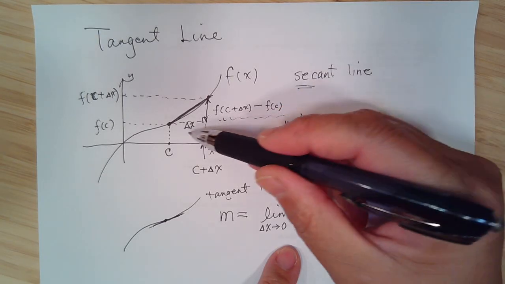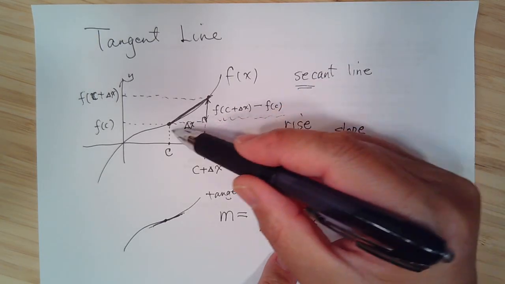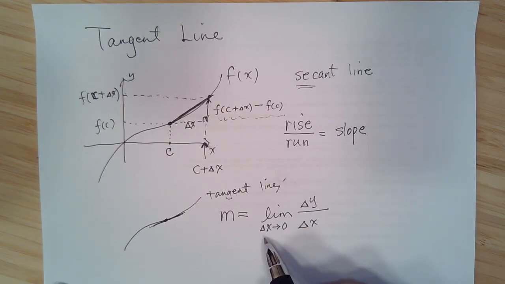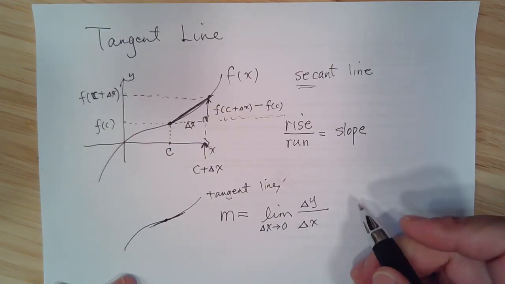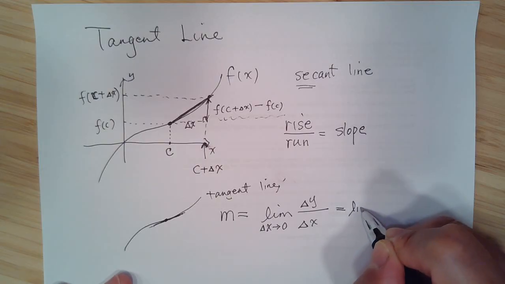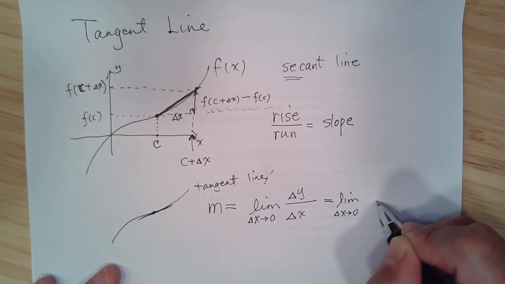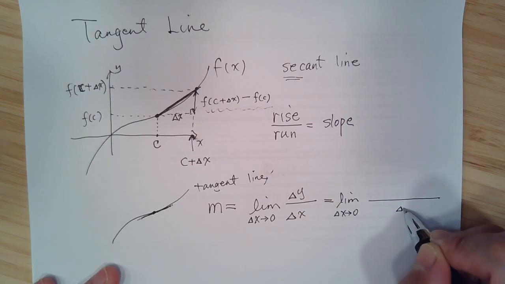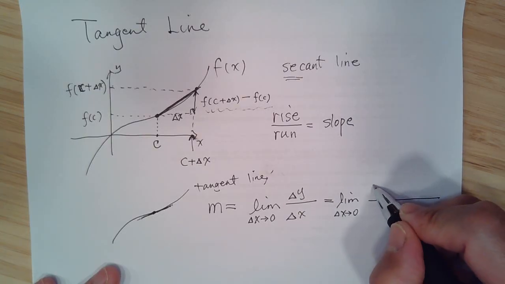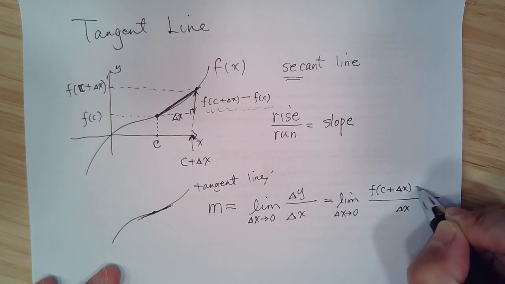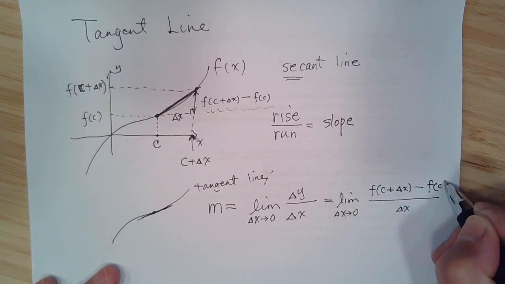This is delta y, and here's the delta x, rise over run, so we get the slope of this tangent line, okay? So m equals the limit as delta x approaches 0, the denominator is just delta x, and the numerator you can write f of C plus delta x minus f of C.